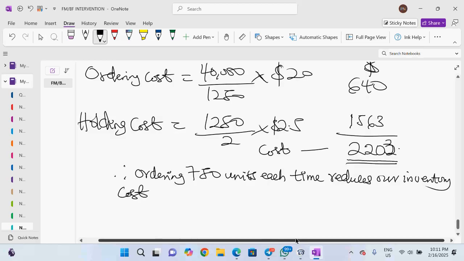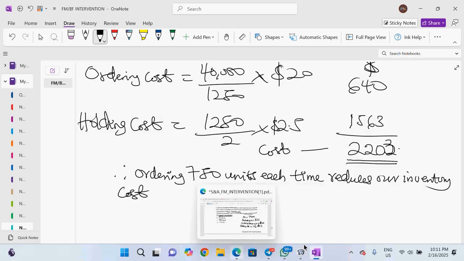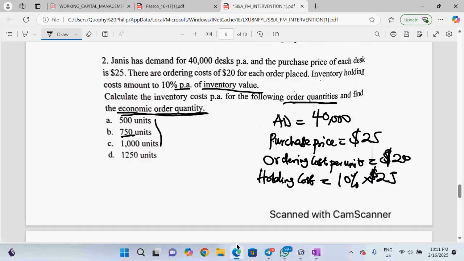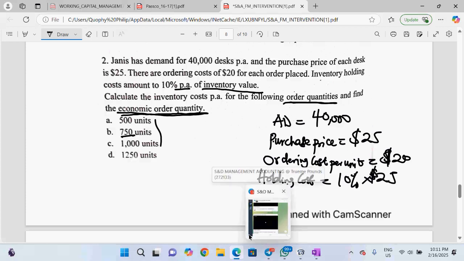Now, that is it for the first part of the question. The second part is saying find the economic order quantity. These are quantities you have been given, and we are saying we should order 750 units each time to reduce our cost. But is it the best unit that we should order?